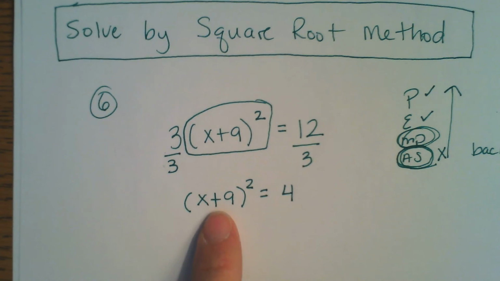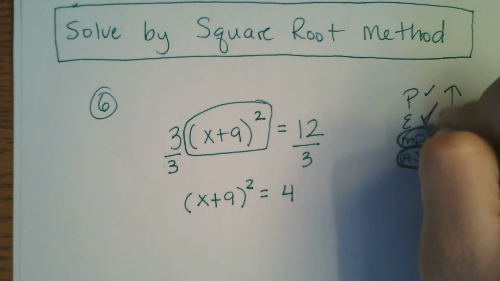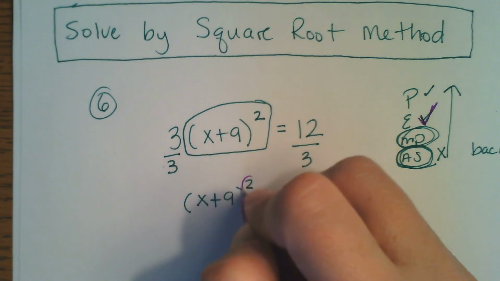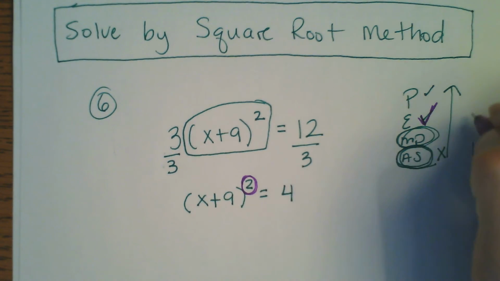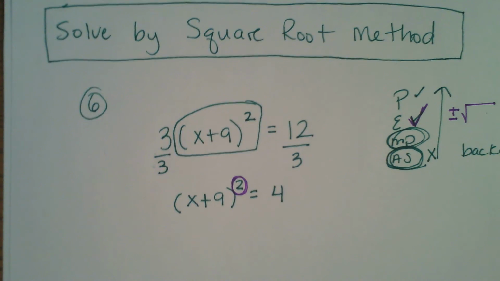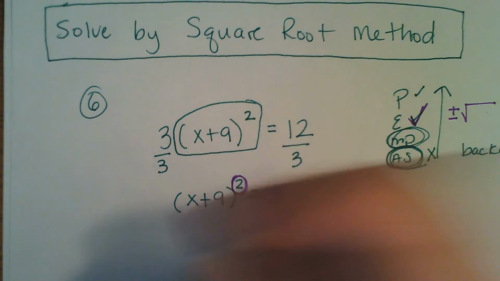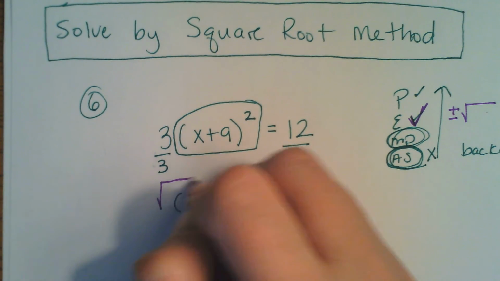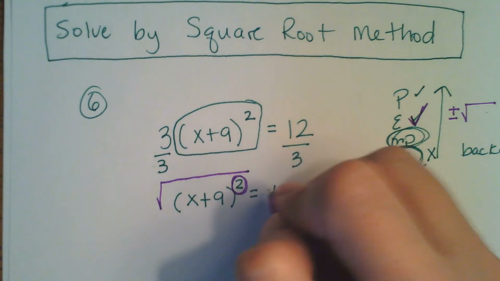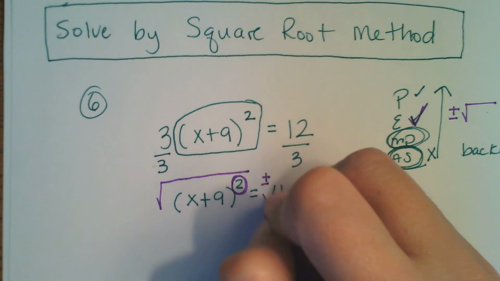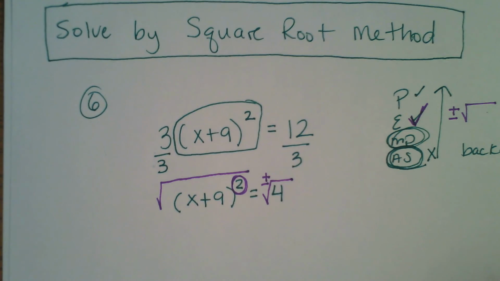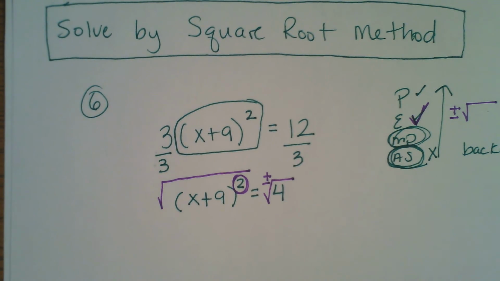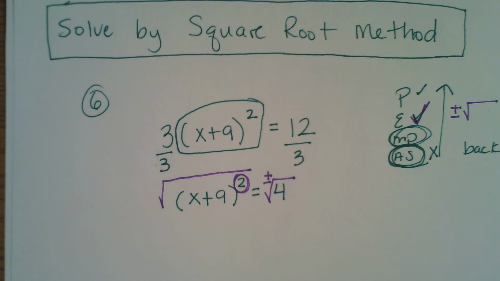So again, in order to subtract the 9, I have to move the exponent next. And to get rid of the exponent of 2, we're going to have to square root both sides. This is the square root method, so I'm going to use the square root. So over here, I square root. And on the number side, we have to put a plus and a minus with the square root, because you get a positive and a negative value.